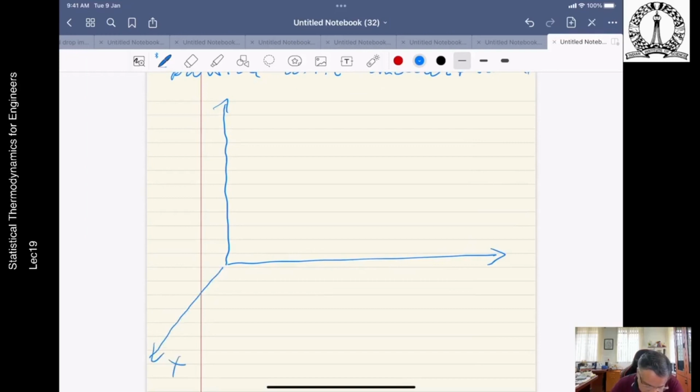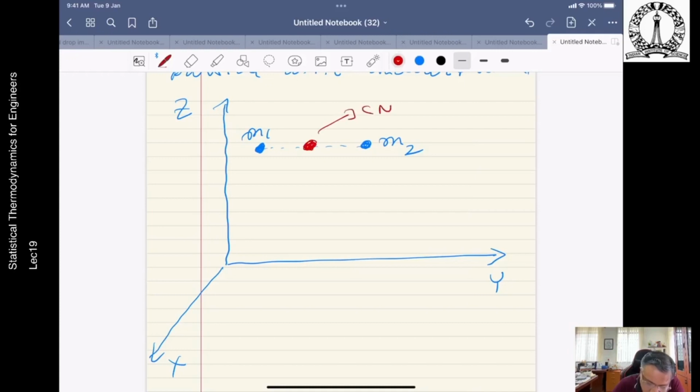So this is X, this is Y, and this is Z. Okay. So this is say M1, this is say M2, and then of course, let's just put it in a different color now.